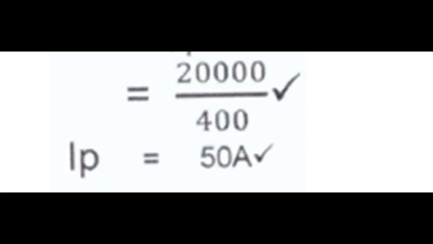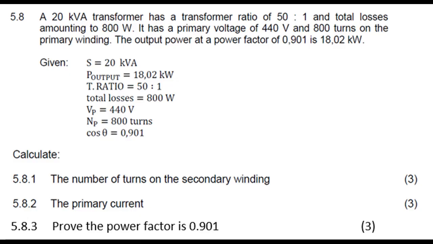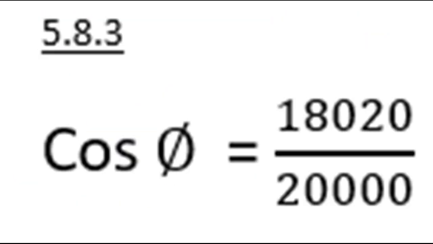In the next question, number 3, they want us to prove that the power factor is indeed 0.901. Remember what power factor is according to the formula I gave you. It's the true power over the apparent power. Substituting the true over the apparent, notice it will be the kilowatts over the kilovolt amp values, because kilowatts is true power, apparent power is kilovolt amps.